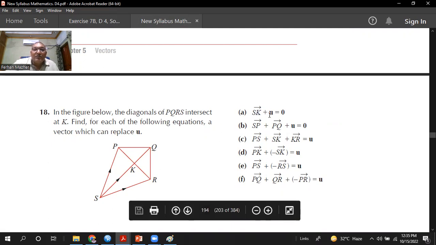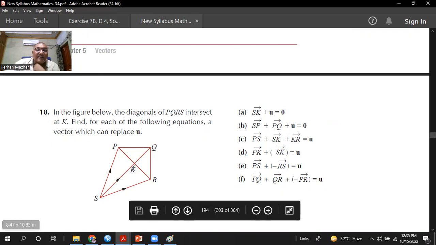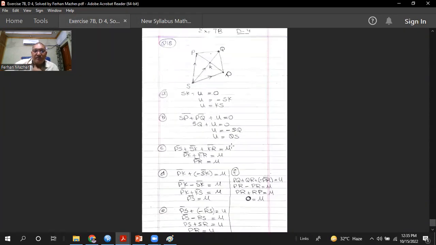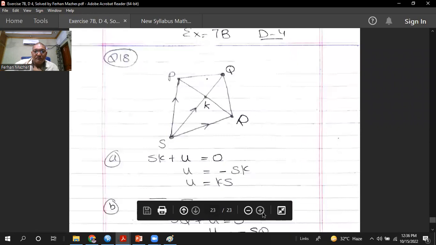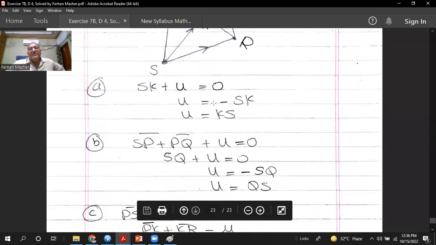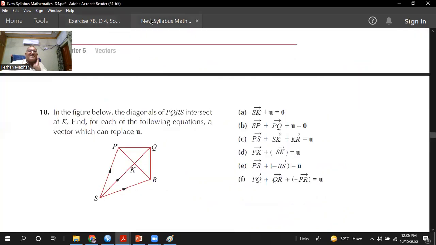Okay, SQ plus SK plus U equals 0. SK plus U is equal to 0. Okay, so let me show you. SK plus U, so U will be equal to minus SK. When you convert this sign into positive, the order will change. So U will be equal to KS.